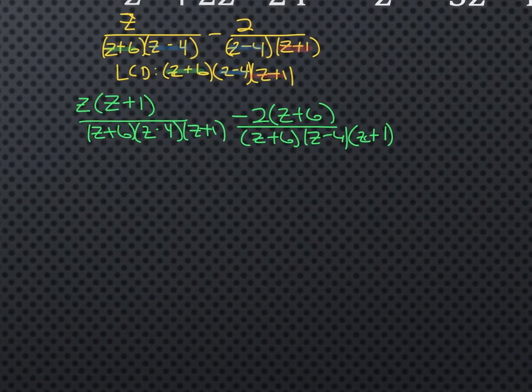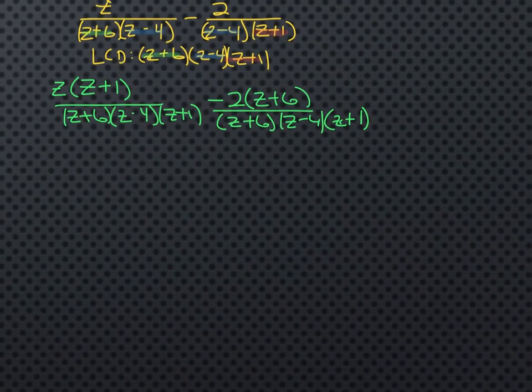Okay, so from there, remember the big mistake is distributing this negative through the binomial. This one is usually okay. So the first fraction becomes z squared plus z, and then we'll have minus 2z minus 12.